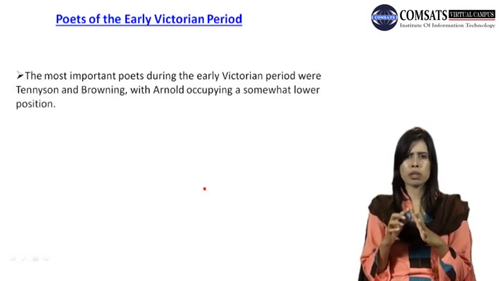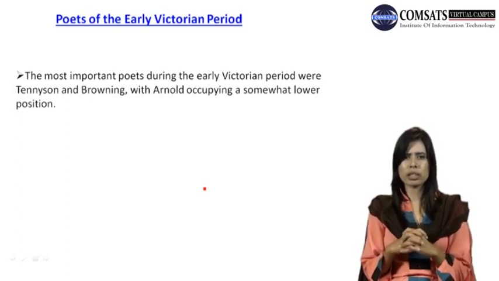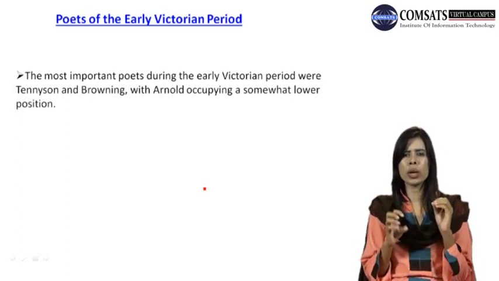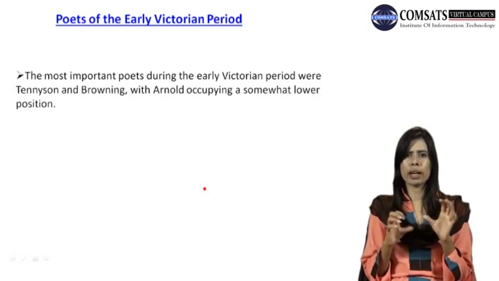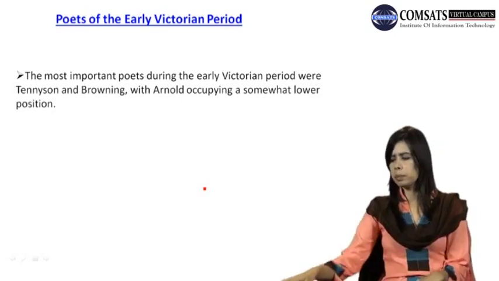So Tennyson and Browning were the dominating figures of the early Victorian period. Keep in mind that Queen Victoria was ruling over England during this period.